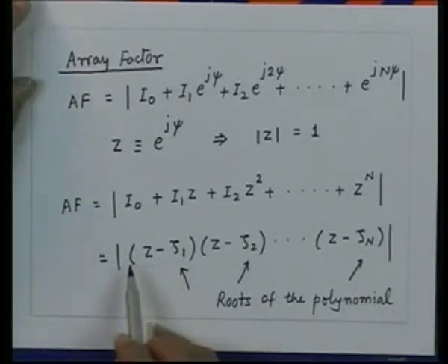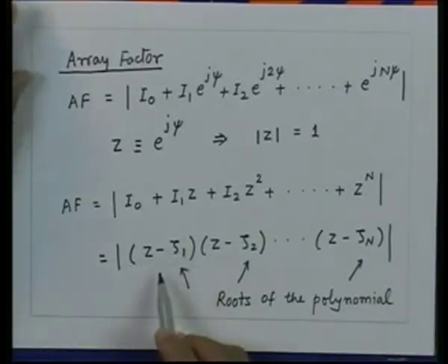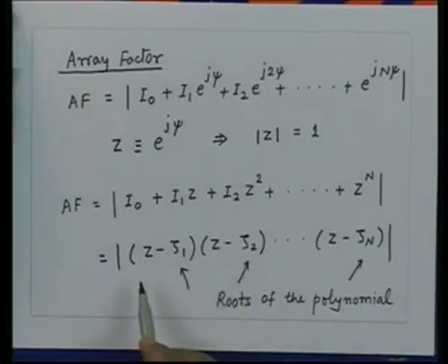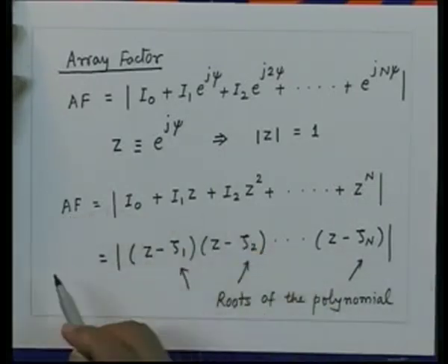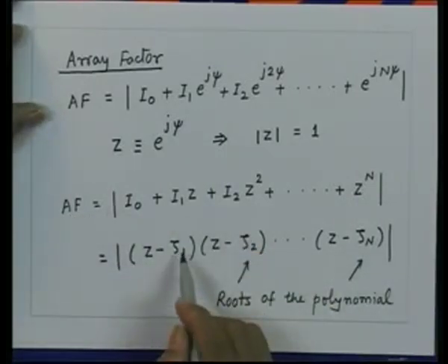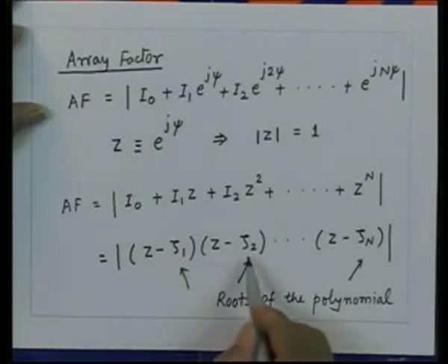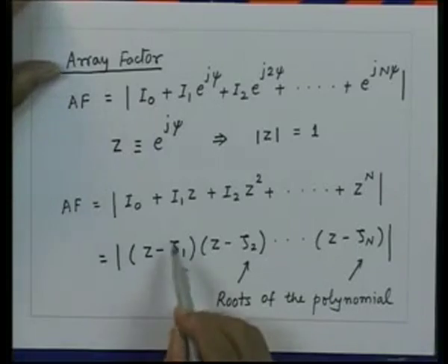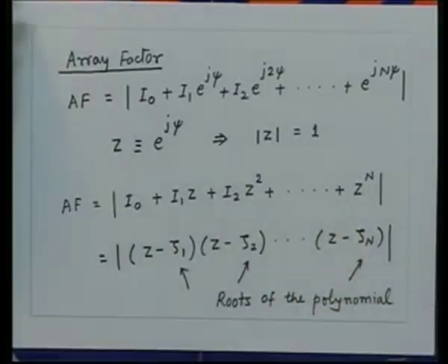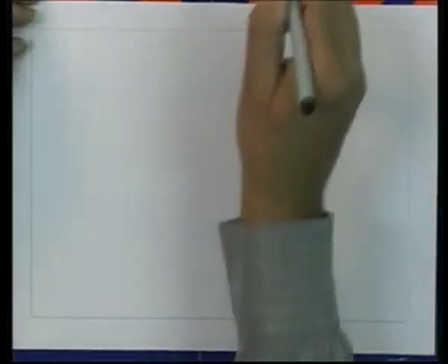Now, that means at z equal to zeta 1 or z equal to zeta 2, the array factor would go to 0. That means the radiation pattern would have a null at that location indicated by zeta 1, zeta 2 and zeta n. So, essentially the roots of this polynomial correspond to the nulls in the radiation pattern. So, zeta 1 is the direction corresponding to this.